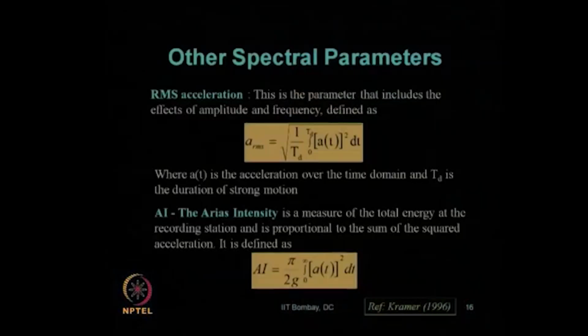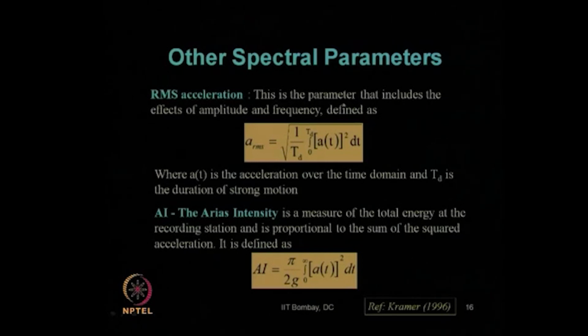Now, let us come back to our topic. Let us start some more parameters, like other spectral parameters. What are the others? Various spectral parameters which generally are used. One is called RMS acceleration, nothing but root mean square acceleration.